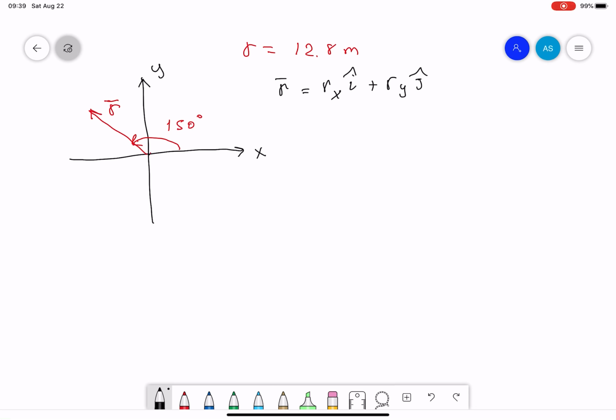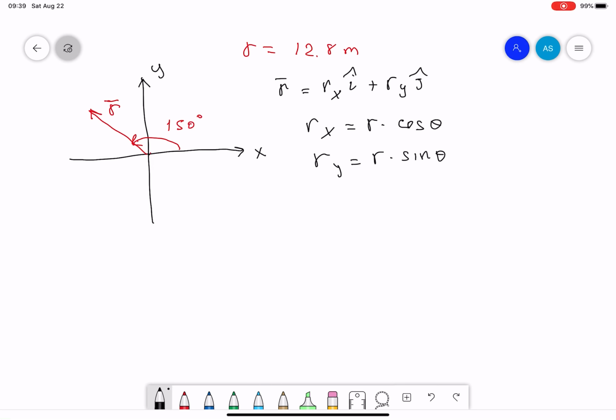The rx component will be equal to r multiplied by cosine theta, and the ry component is r multiplied by sine theta.